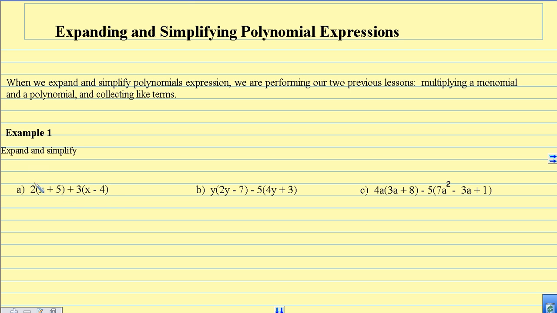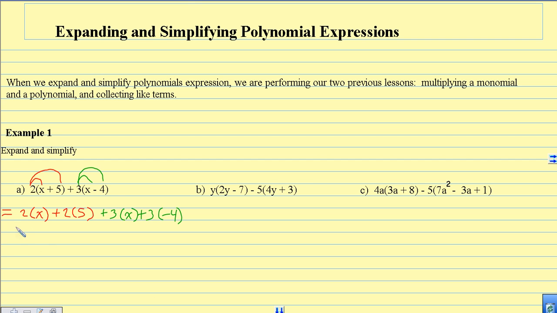So when we multiply, we get 2 times x, plus 2 times 5, and at the same time we'd also have plus 3 times x, and then plus 3 times negative 4.